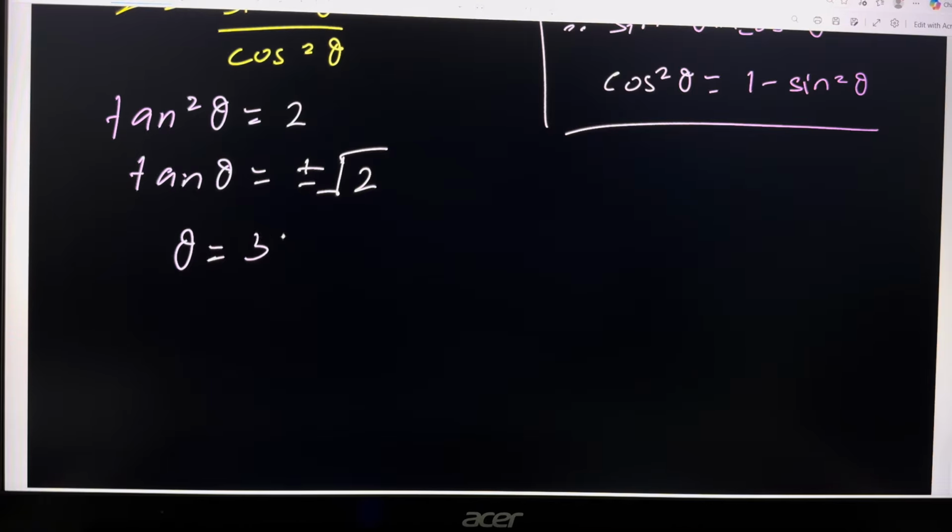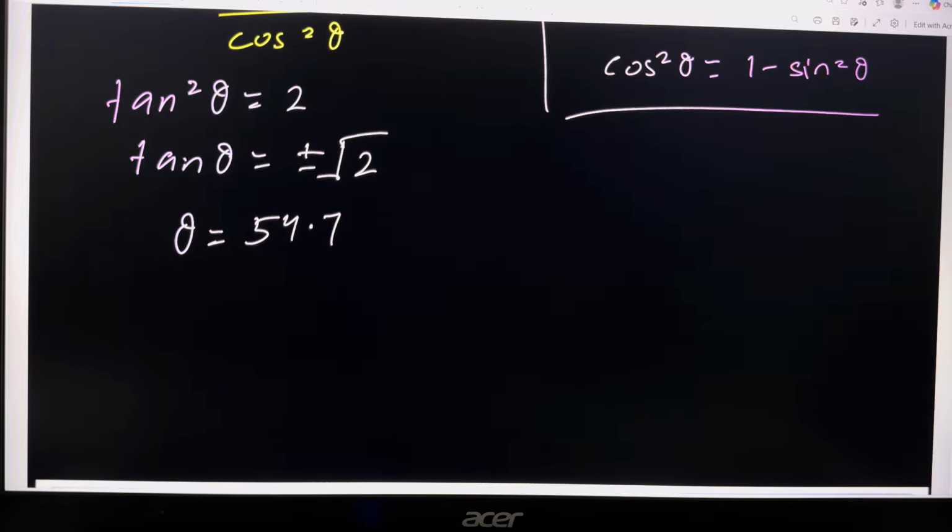Theta is equal to 54.7, one decimal place, remember always. And tan is both positive and negative, so it will be in all four quadrants. And the quadrants are where all positive, sine positive, tan positive and cos positive.